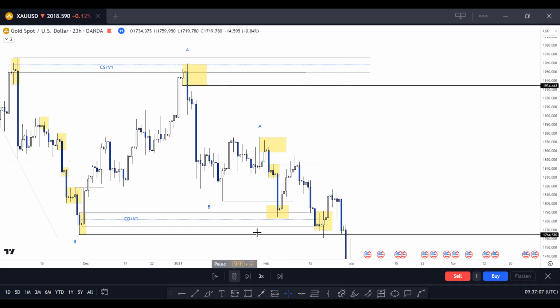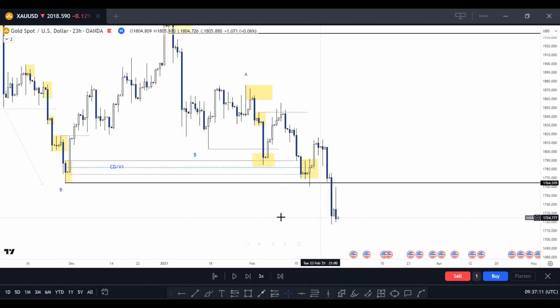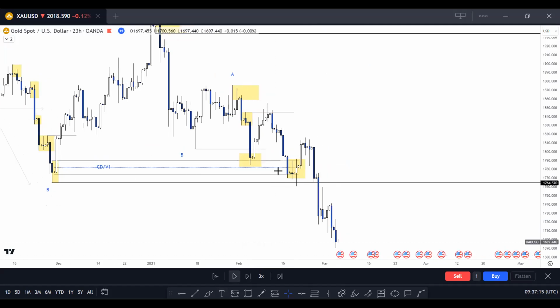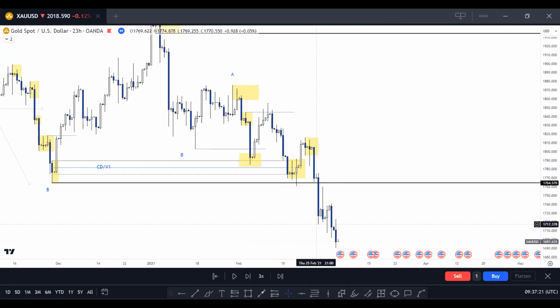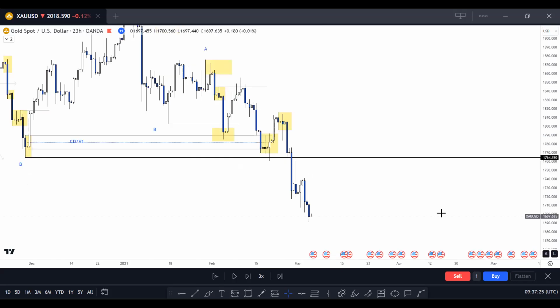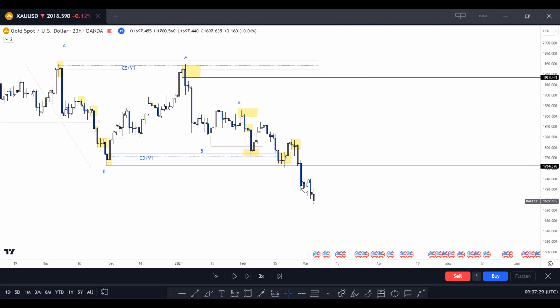You see that? Is that clear? So now we have a range, and we have V2 right here. I'm not going to mark out this short term, but what we do next is we are now waiting for B. So we keep on marking out all the ranges created.